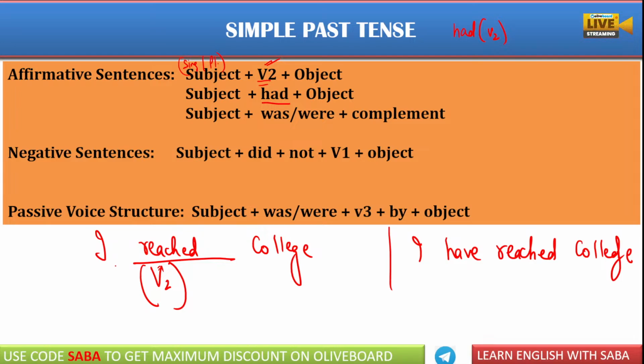There are many verbs where the V2 and V3 forms are the same. Had is one of them; reached, arrived, all these verbs have the same V2 and V3 forms. So here reached is the V2 form, and here you will consider it V3. When it comes after an auxiliary verb you consider it V3, and when it comes without an auxiliary verb you consider it V2. Clear everyone?